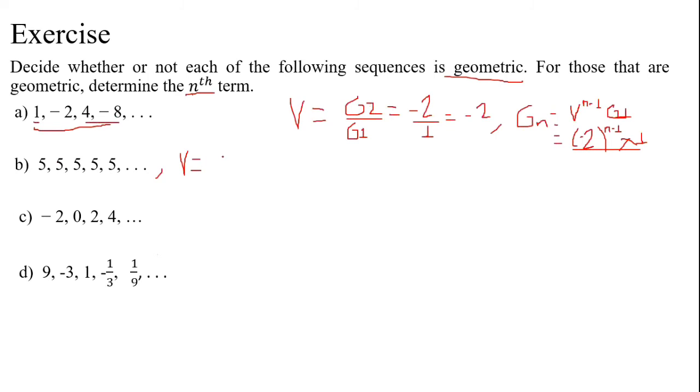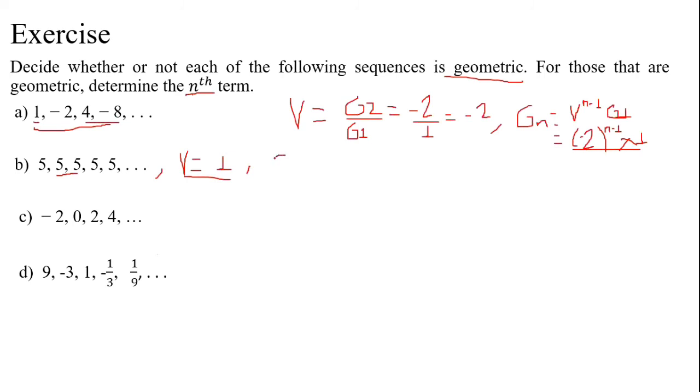Using the other terms, R is 5 over 5, that's 1, again 1, again 1. As you see, this common ratio R is constant for all terms. So we can conclude that this sequence is geometric. Okay, so Gn, the nth term for this sequence, can be obtained as what?